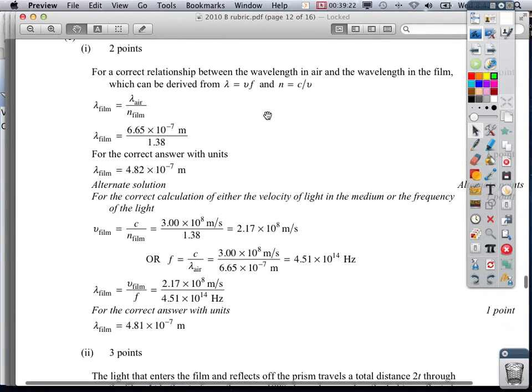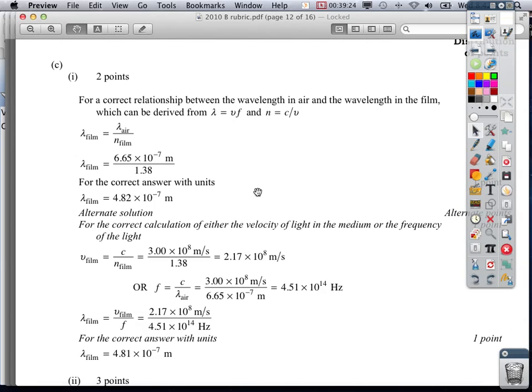So if we look at C, we get something like, oh, it's all crazy. What's that? This one says N of the film. Oh, that's right.